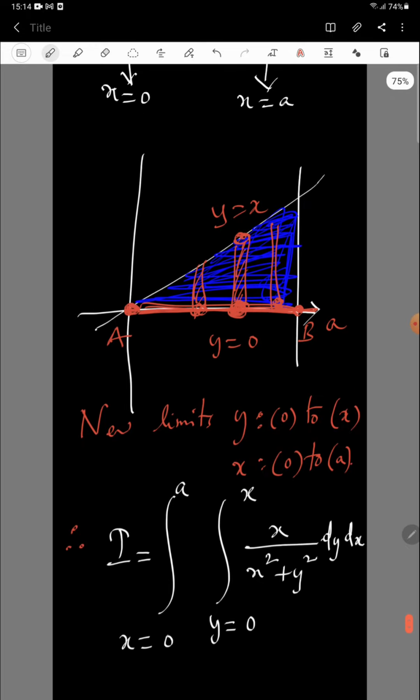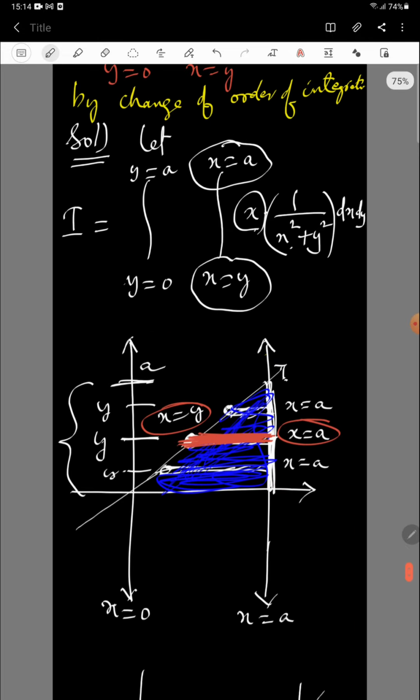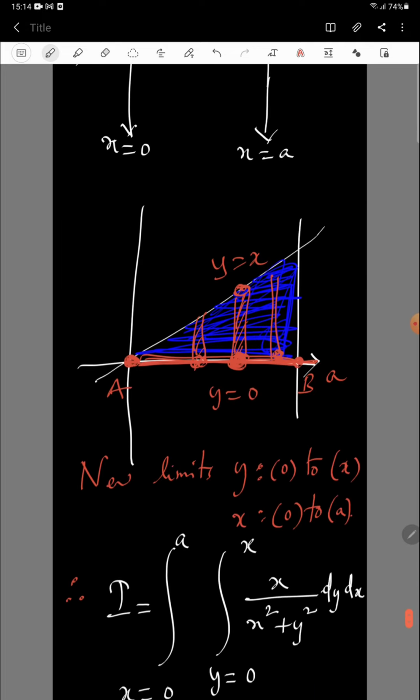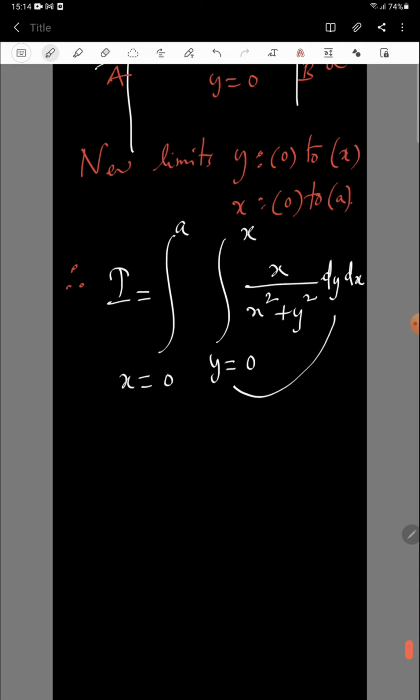Try to feel the difference between that given. So here first x limits, integration with respect to x first, afterwards integration with respect to y, but we have changed the order now. First integration with respect to y and then integration with respect to this particular x.